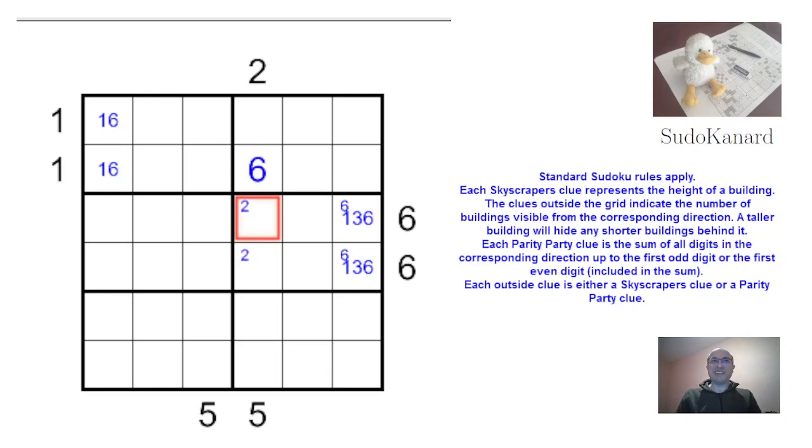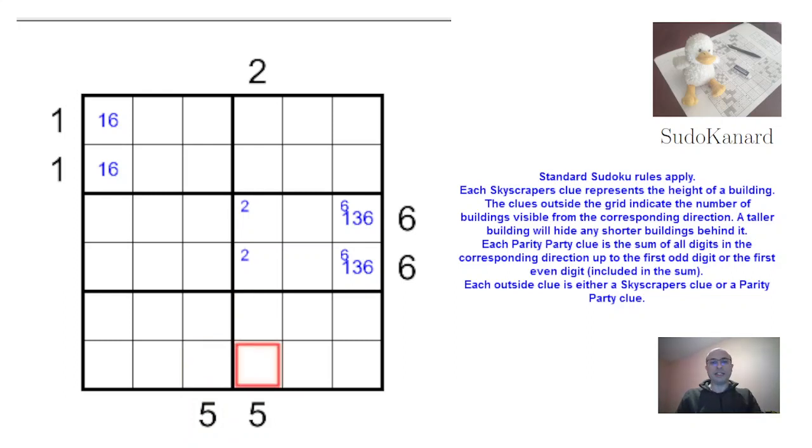That's some interesting logic. I like that. So 6 can't be here because, well, if we have 2 here, then here we can't have digits all smaller than 2. There must be a 3 or a 4, which will hide this, and we won't ever see 5 buildings. So this 5 can't be a skyscraper clue either.